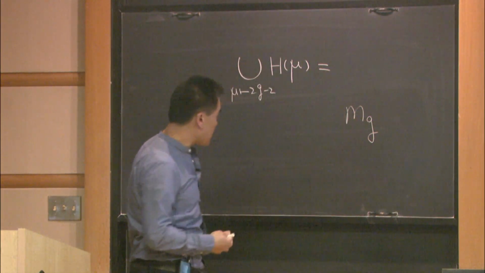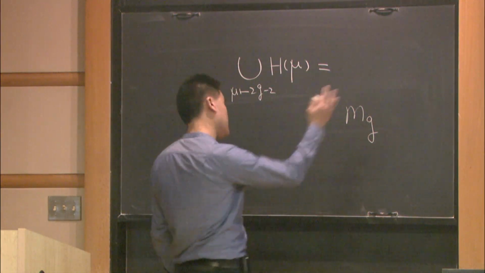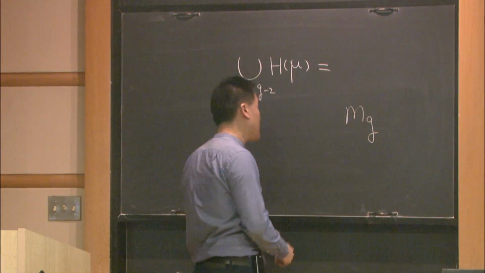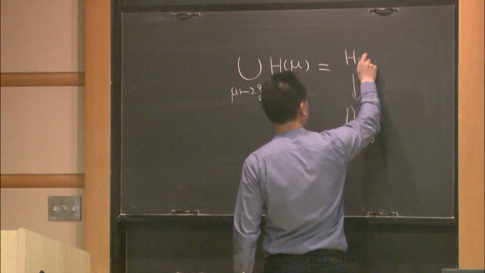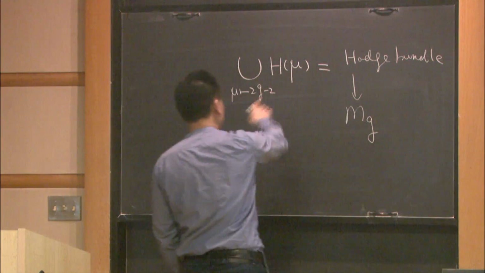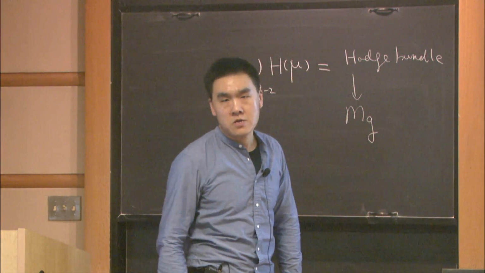Fixing a genus G Riemann surface, there is a G-dimensional vector space of holomorphic one forms. This vector space varies with the underlying complex structure, and they form the so-called Hodge bundle, which is a rank G bundle. And if you require the differentials are not identically 0, just remove the 0 section.